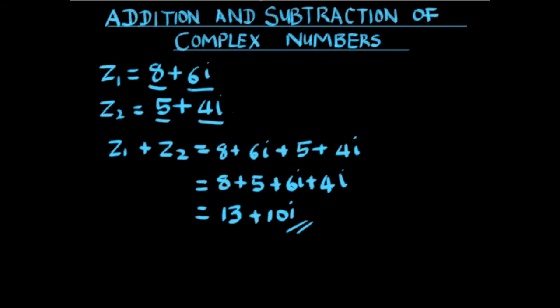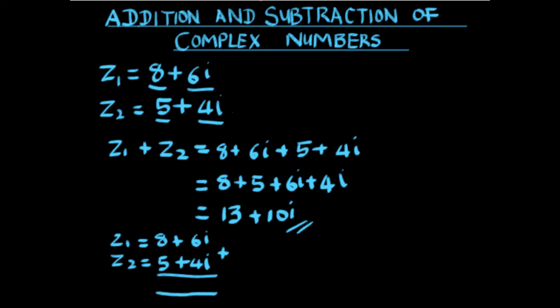Now here's a little trick that will help us arrive at the same answer. We were given z1 to be 8 plus 6i, and we're also given z2 to be 5 plus 4i. Now we can simply add this up by putting a plus sign here and adding normally.